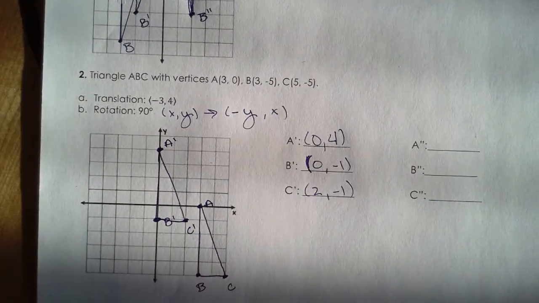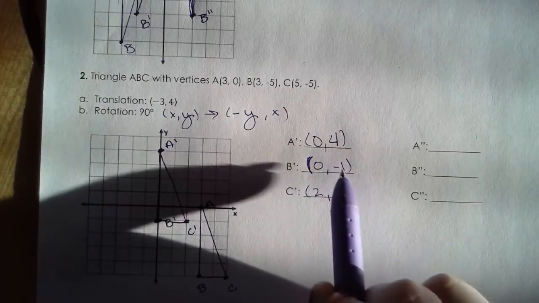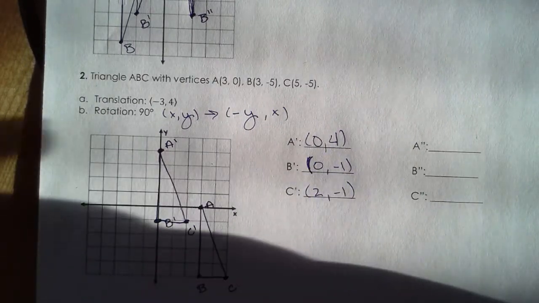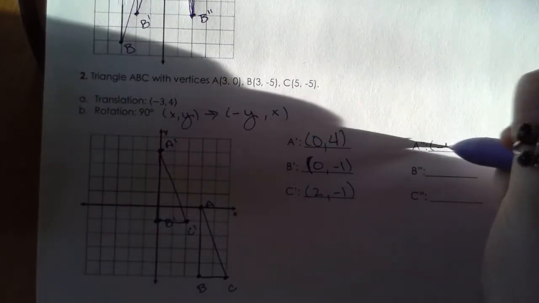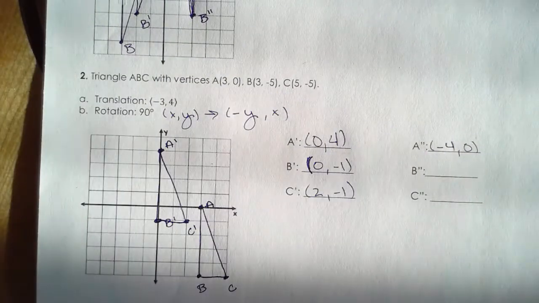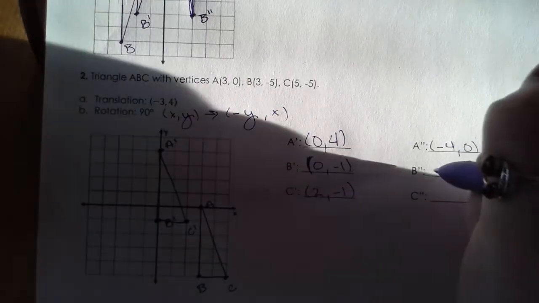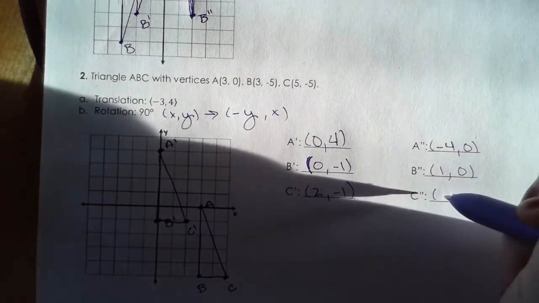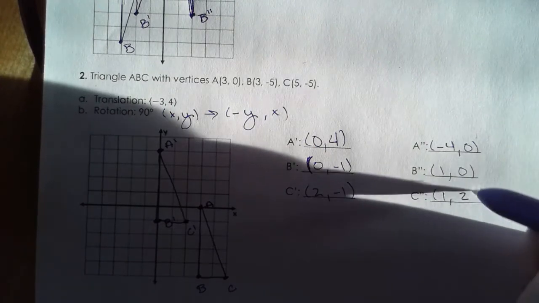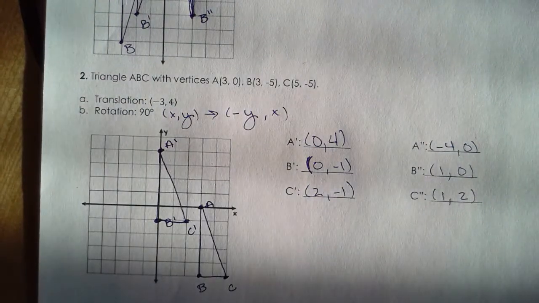Okay, so now I can just look at these coordinates and fill these coordinates in based off of this rule. So I'm writing the negative of y, keeping the x, but switching them, and then the opposite here, and then the opposite here, and just make sure to flip your x and y as well.